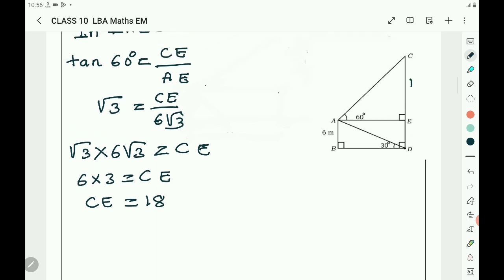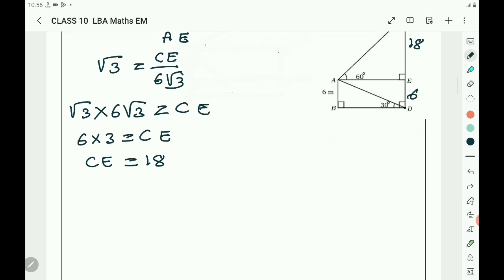You got CE 18 and DE is 6. Then 18 plus 6 is the height of the tower CD. So you write CD is equals to CE plus ED, equals CE is 18, ED is 6, which is equals to 24 meter.